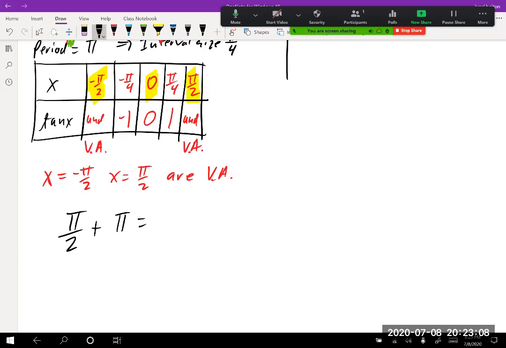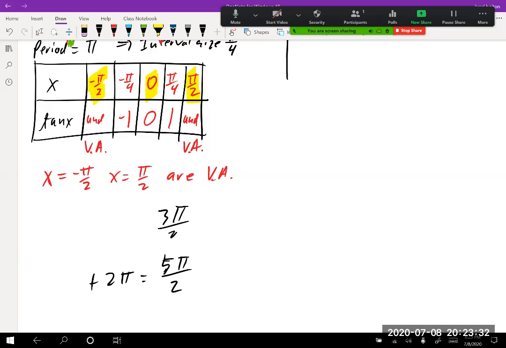That would be 2 pi over 2, so that'd be 3 pi over 2. Okay? Now, what if we said pi over 2 plus 2 pi? Well, that would be 4 pi over 2, so that would be 5 pi over 2. And the cosine of 5 pi over 2 is still 0. So yeah, it's all integer multiples of pi halves times pi.